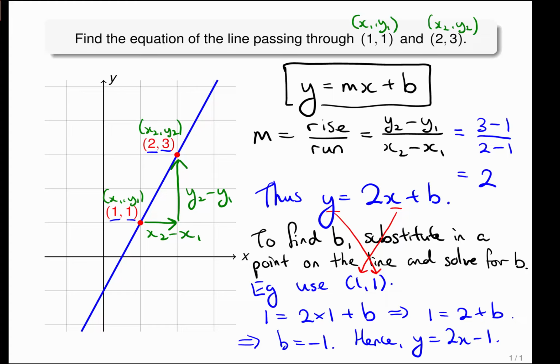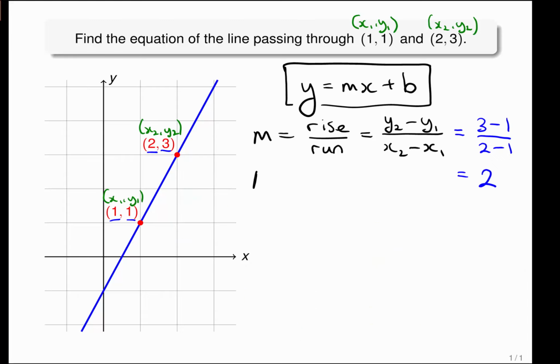Now, there is a second common method used to find the equation of the line once you've found the gradient. This method involves using something called the gradient point formula, which is useful when you know the gradient of the line and a point on the line.